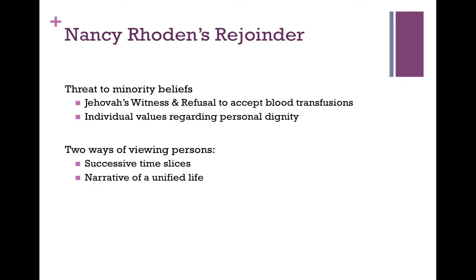And Nancy Roden talks about the different ways that we can view people. This is a little abstract, but basically she says, look, if you're going to completely ignore a person's past, then what you have to assume is that once a person undergoes mental deterioration, you are dealing with two different people.